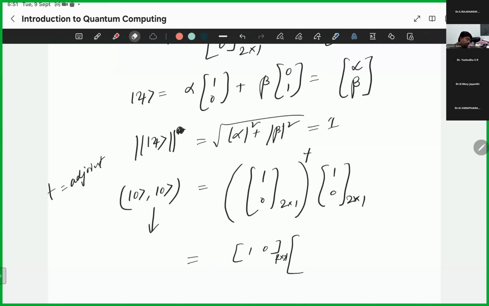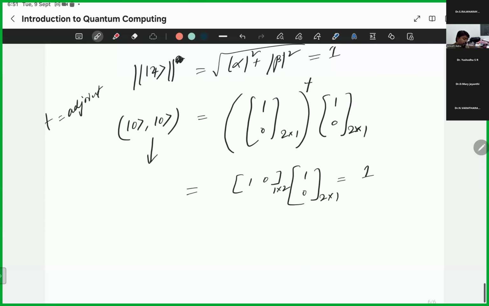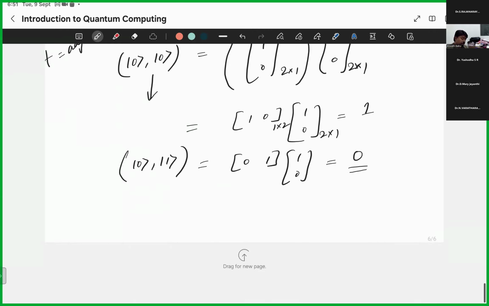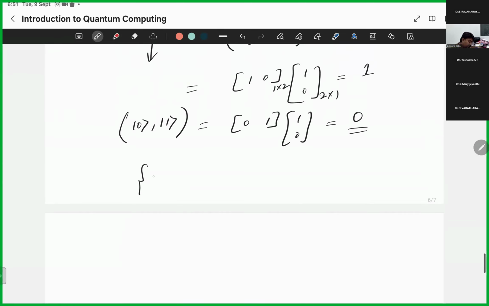It becomes 1 by 2 times 2 by 1, (1, 0) with (1, 0), which gives me 1 perfectly. And similarly, the operation of (1, 0) with (0, 1) gives me 0. So the operation between the unit vectors of the basis elements |0⟩ and |1⟩ is a matrix multiplication.